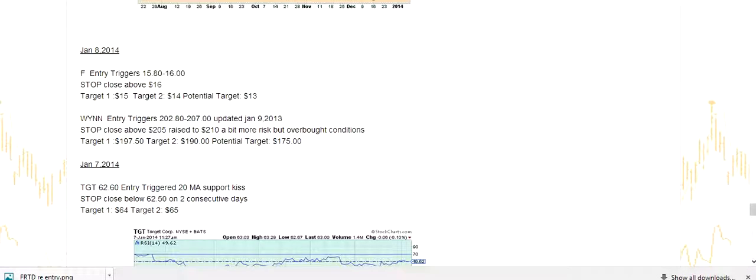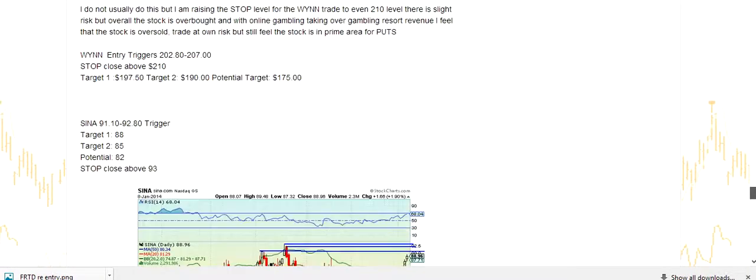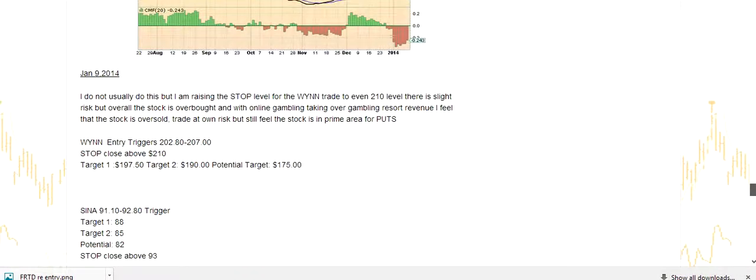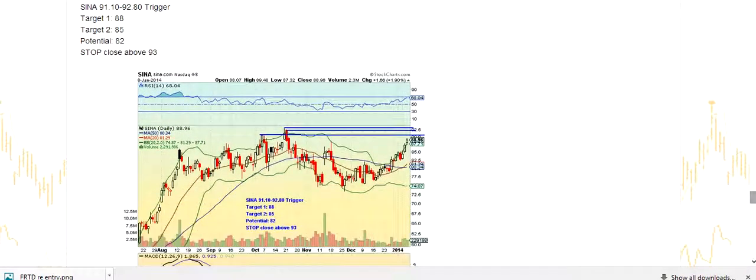Now let's take a look at another stock, Cena Core. We sent it out January 9th, and the entry was $91 to $92.80, and our target was $88. Our target 2 was $85, and a potential target was $82. What I saw here was major resistance at these levels, which I call master resistance.